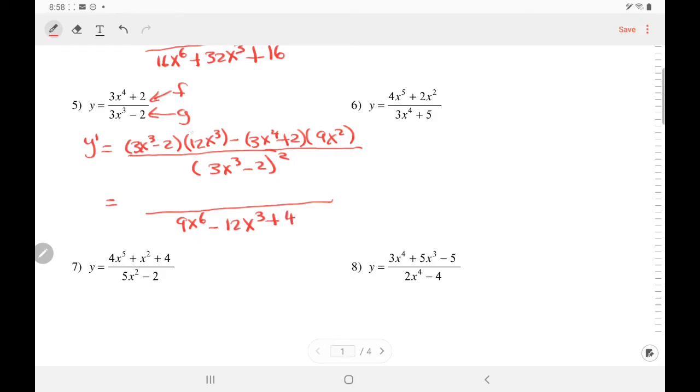Distribute the 12x cubed to get 36x to the 6th minus 24x cubed. Distribute this, and remember there is a negative, so they're both going to be negative. So negative 27x to the 6th and negative 18x squared.